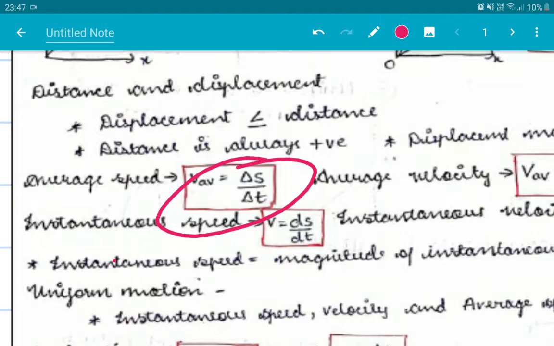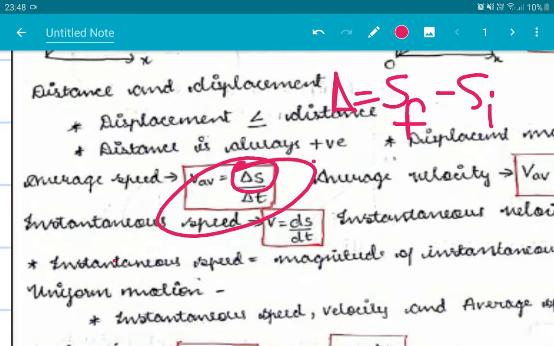Delta represents final minus initial. So here delta s means final distance minus initial distance. It is nothing but s final minus s initial, where s represents distance. So that is delta s by delta t.